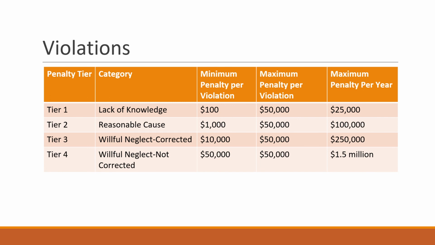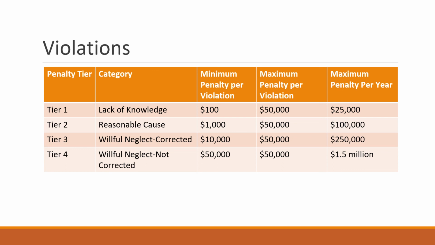When I talk about violations, there are 4 tiers. HHS and OCR have a tier system, tier 1, 2, 3, and 4. Tier 1 is typically a lack of knowledge. It's a minimum violation of $100 per violation, the maximum penalty per year could be $25,000, and the maximum penalty per violation could be $50,000.